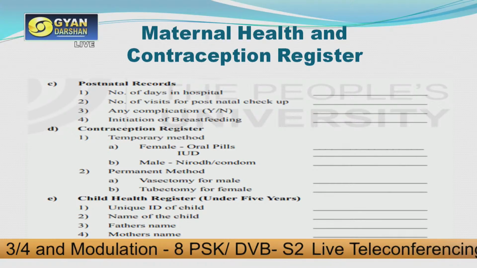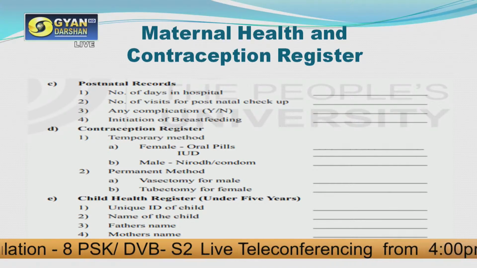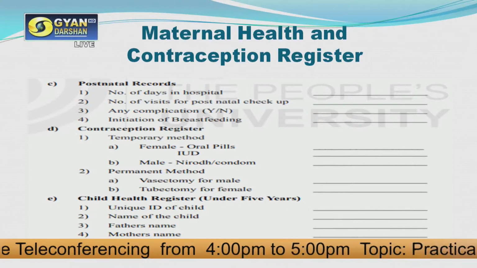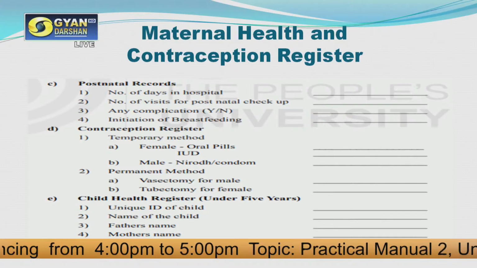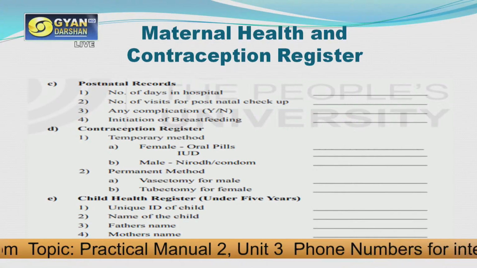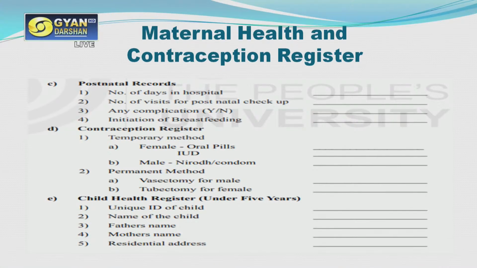And initially, whether initiation of breastfeeding was done within 1 hour of the birth of the newborn baby, or it was delayed. These things are very important history from the point of view of the mother as well as the newborn baby. So if you come to know all these things, you can take some corrective measures by asking these questions.